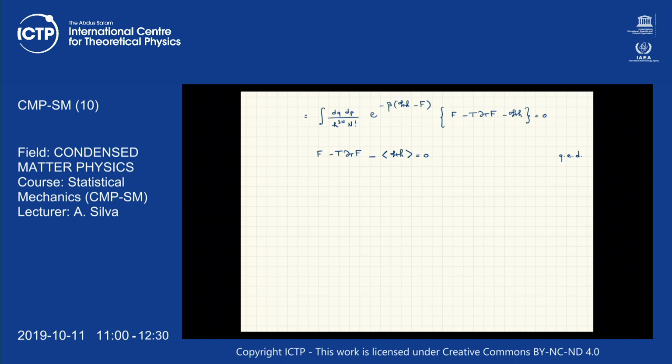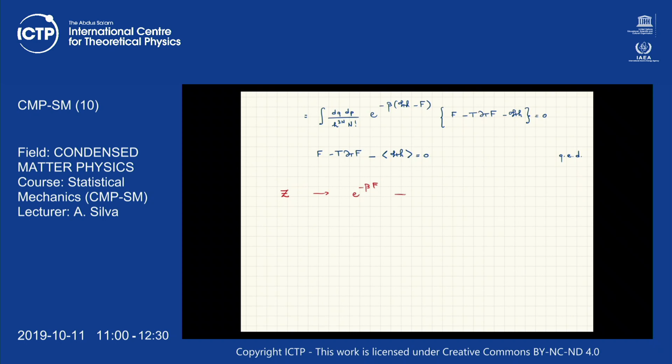All right. Now that we know this is the free energy, it's clear how to play the game of statistical mechanics with the canonical ensemble. You just compute the partition function. From the partition function, obtain the free energy. And then from the free energy, obtain everything else.